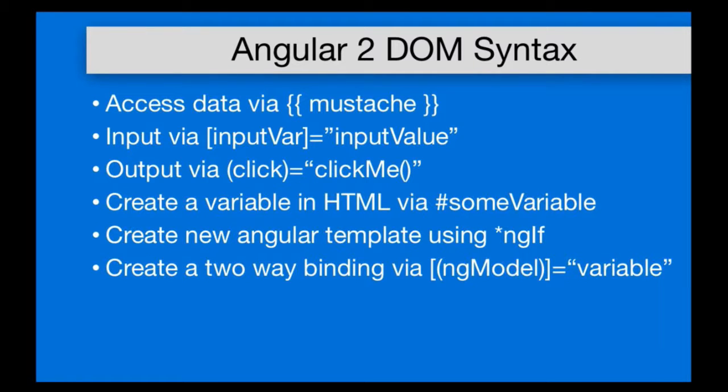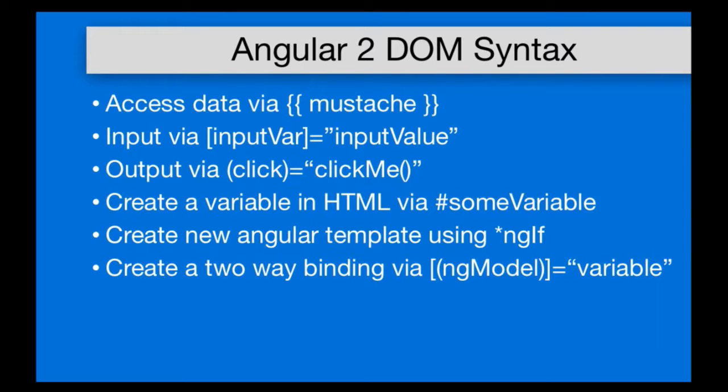So here you'd access the data the same way using the mustache syntax, but when we pull in variables from some other directive, or push variables into the directive we're using, we can use the square bracket syntax, and then the input value is just the right side of it.